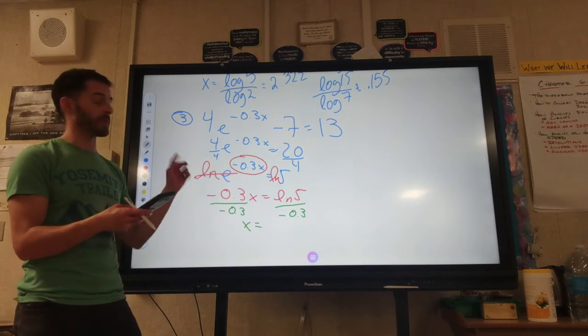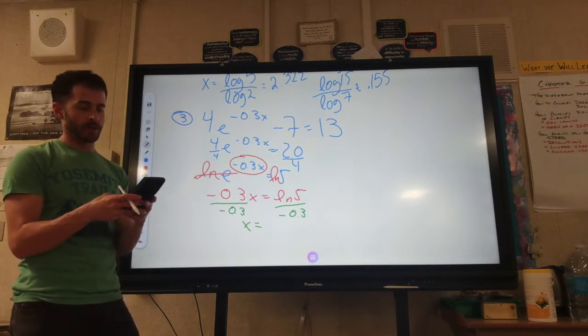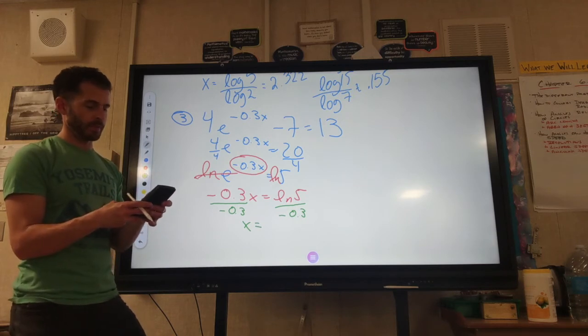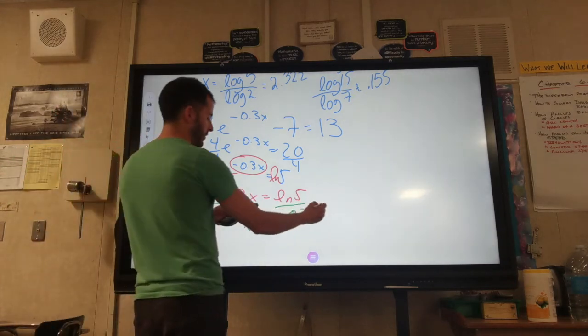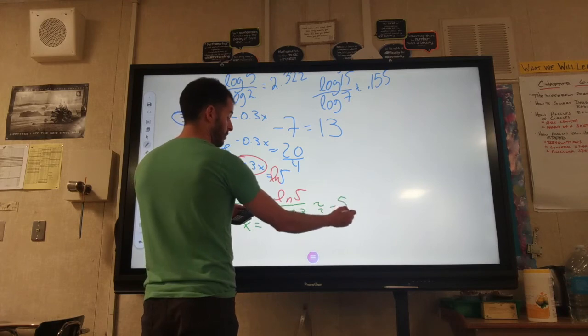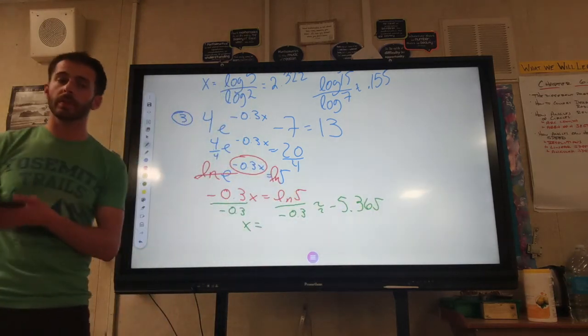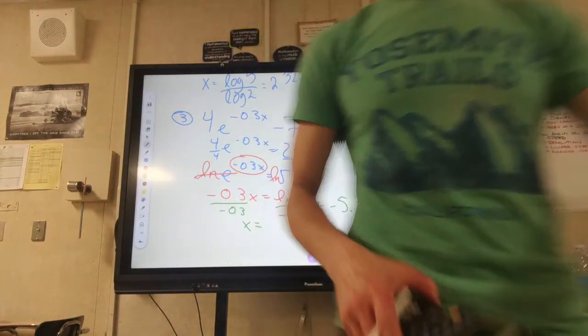Don't forget to close your parentheses after ln of 5. Negative 0.3, right? I did that wrong. Get about negative 5.365. Sweet. Awesome.